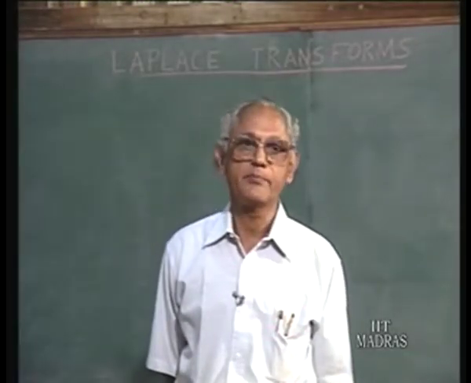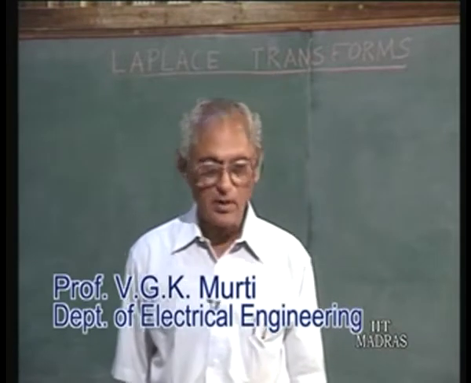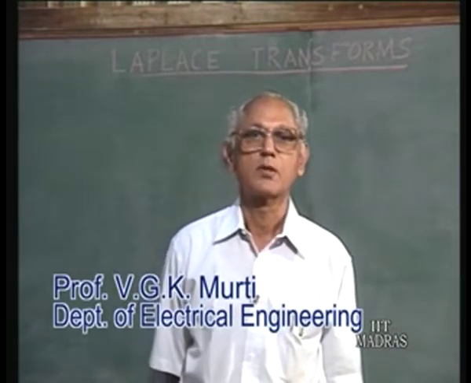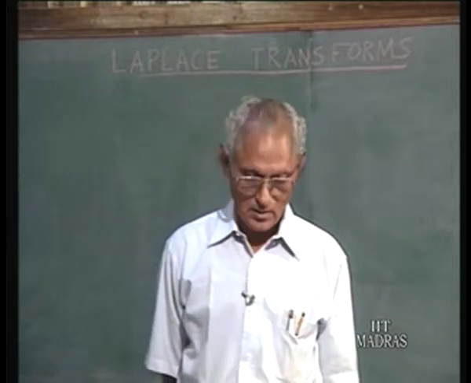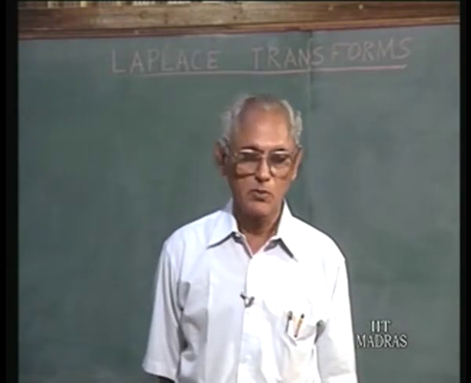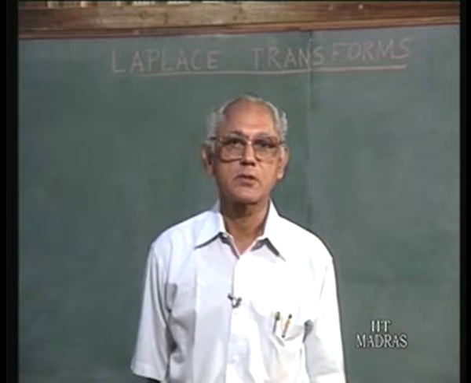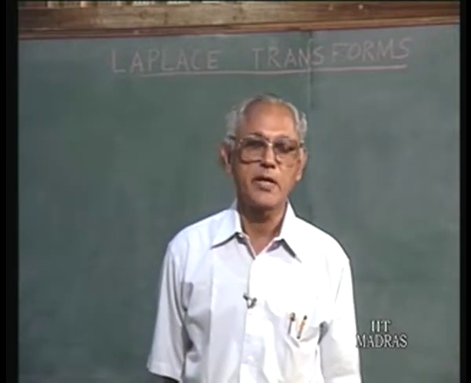We had considered several interesting properties of the Laplace transformation in the last two lectures. So it's a good time now to work out a number of examples which illustrate the application of these properties.